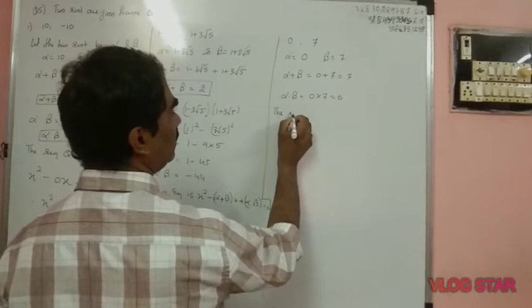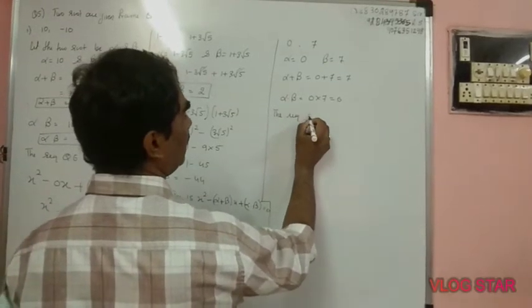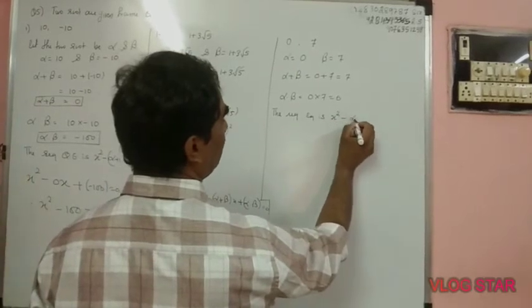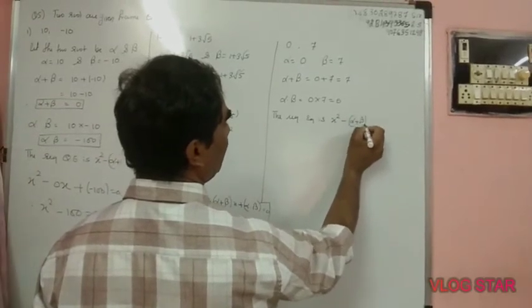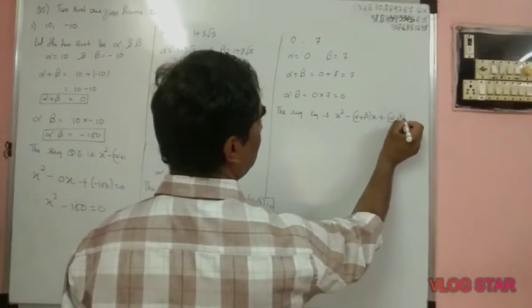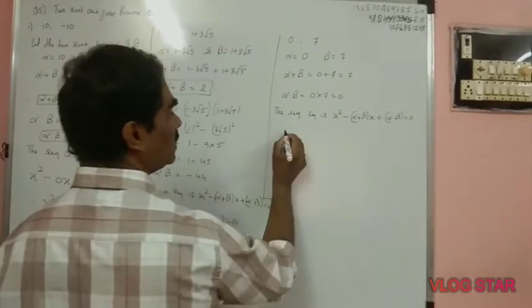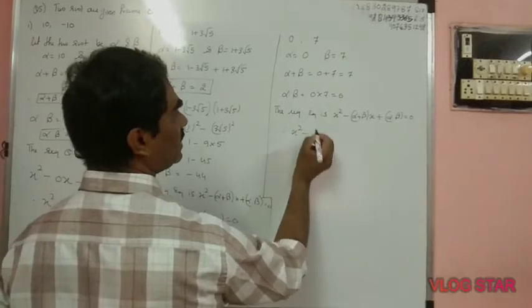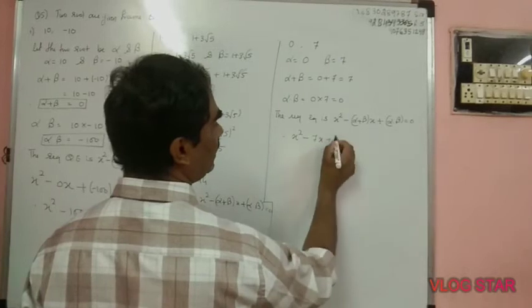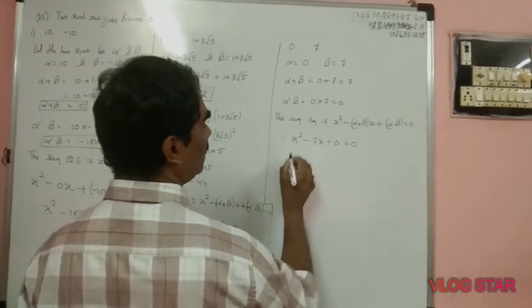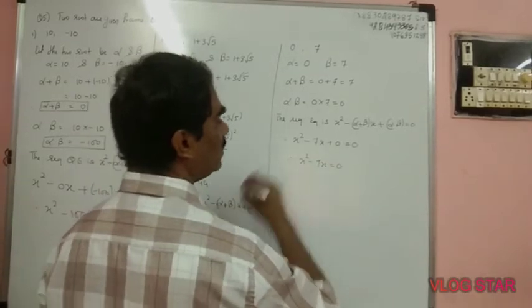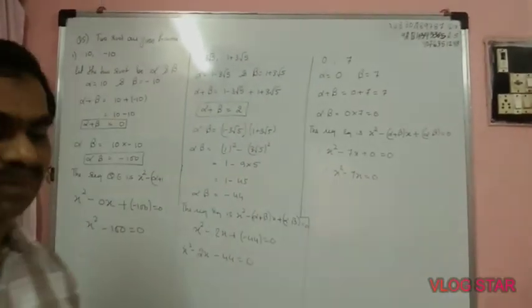Therefore the required equation is x square minus (alpha plus beta) x plus alpha into beta is equal to 0. Correct? So what is the equation? x square minus (alpha plus beta, which is 7) x plus alpha into beta, which is 0, is equal to 0. Therefore x square minus 7x equal to 0 is your required equation.